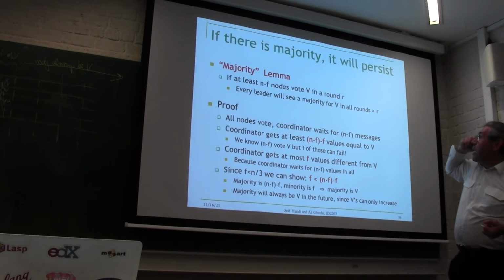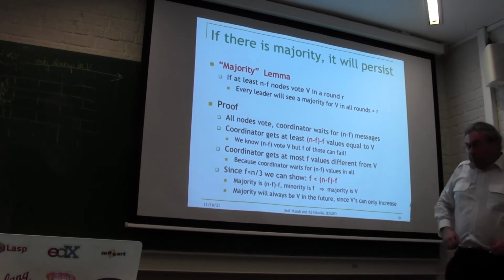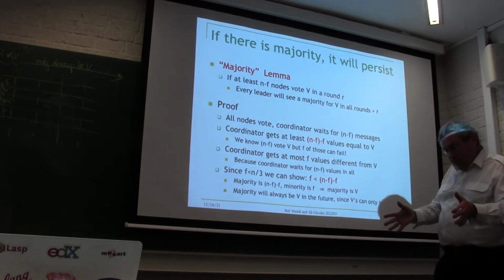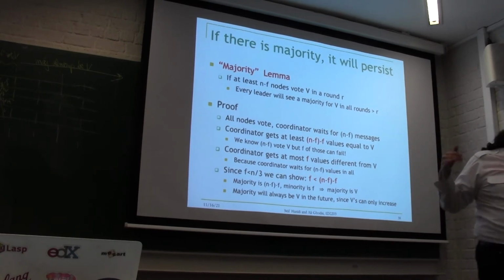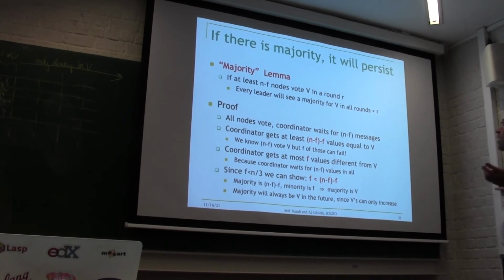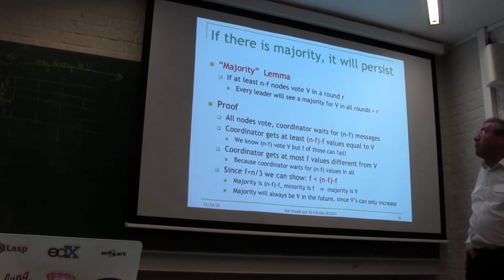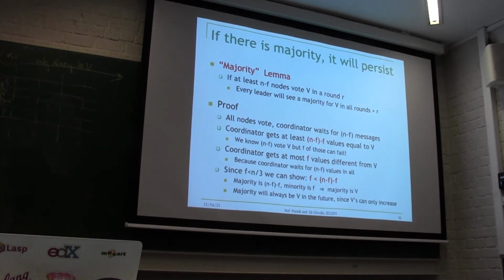That means every leader will now see a majority. So if you have at least n minus f voting v, you will always have the majority. So it kind of installs itself forever.